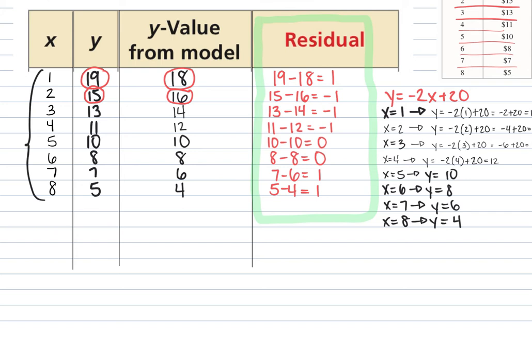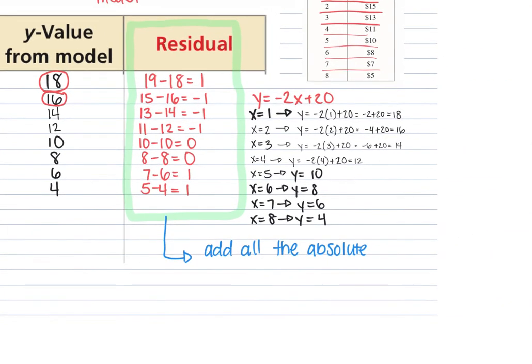But some problems are going to be a little bit more complicated. I want you to draw a little arrow. And all you need to do is add all the absolute values of the residuals.